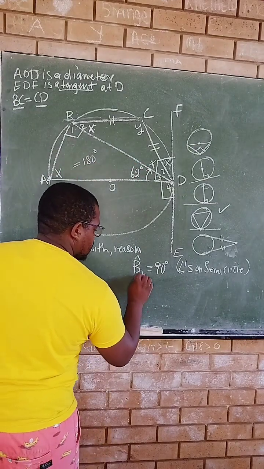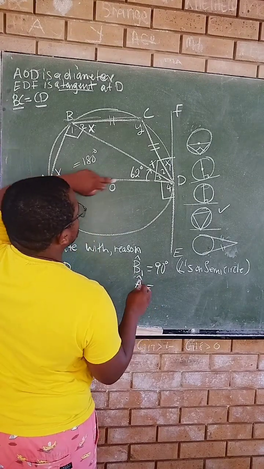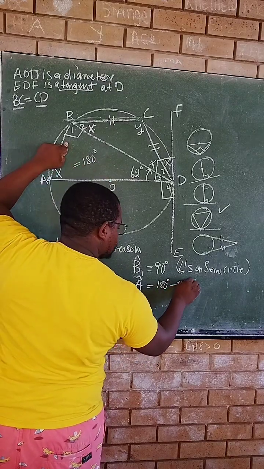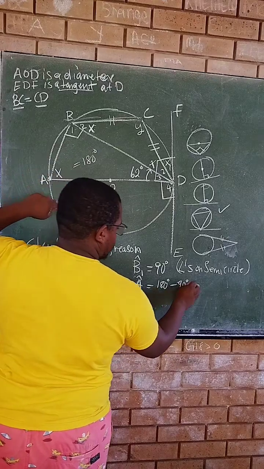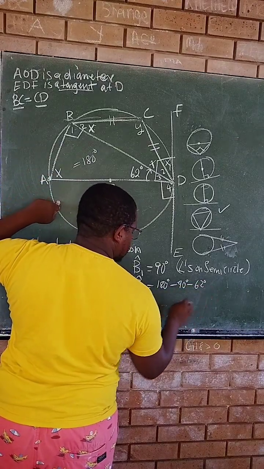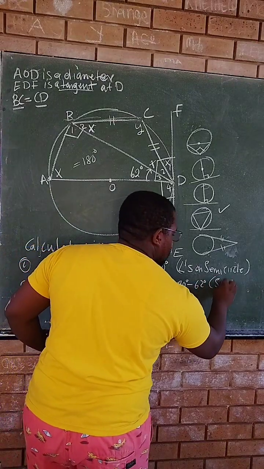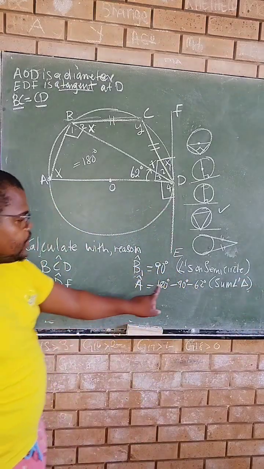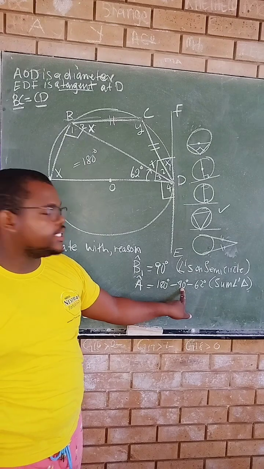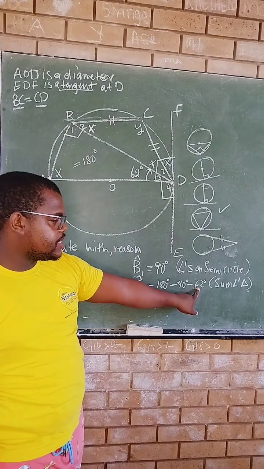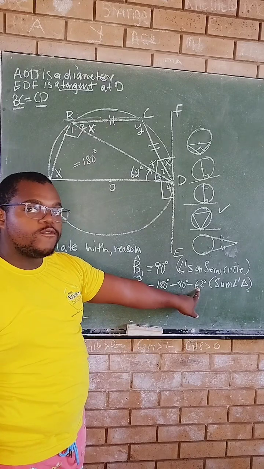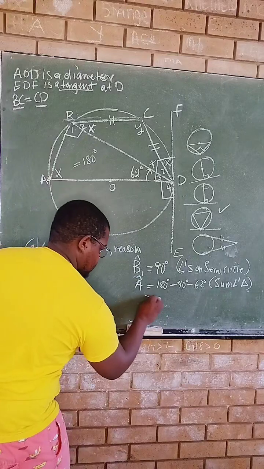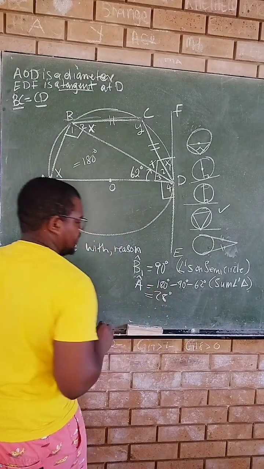So A is equal to 180 minus 90 degrees minus 62 degrees. When I say 180 minus 90, I get 90. Then 90 minus 60, that is 30. Then 30 minus 2, that is 28.